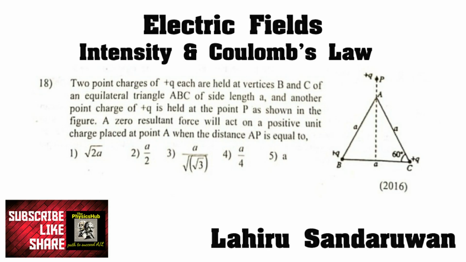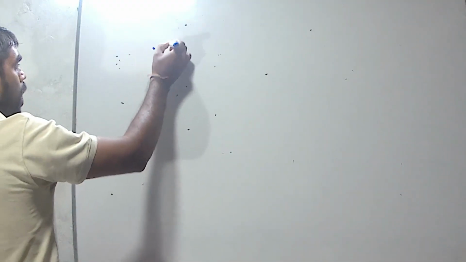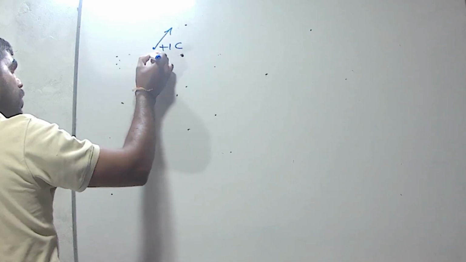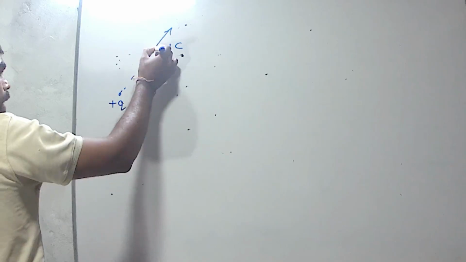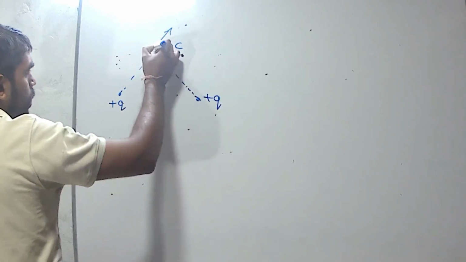A zero resultant force will act on positive unit charge placed at point A when the distance AP equals to. We can get that when placing plus 1 Coulomb at this place, there is a repulsive force due to this plus q charge, and there is another repulsive force due to this plus q charge.